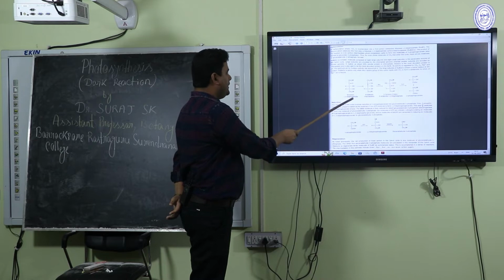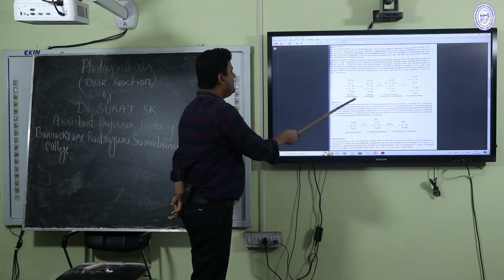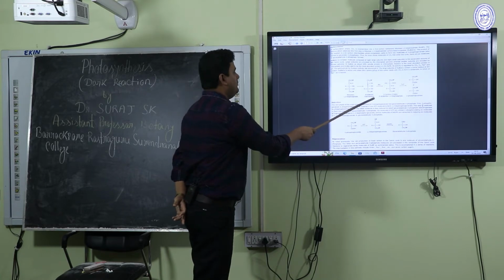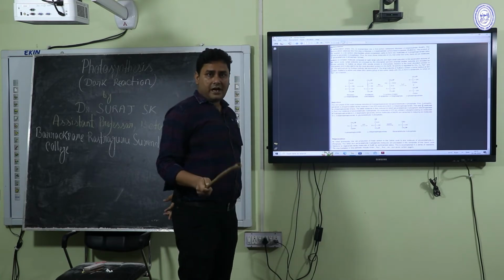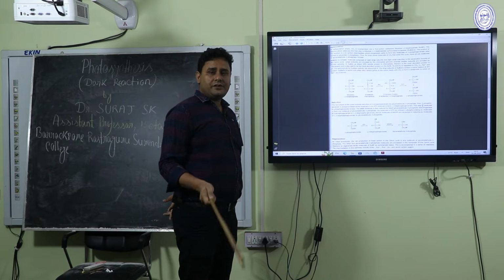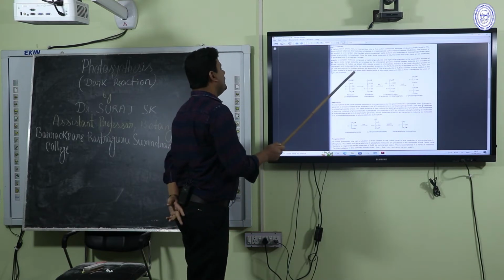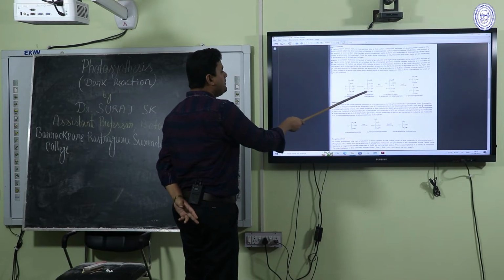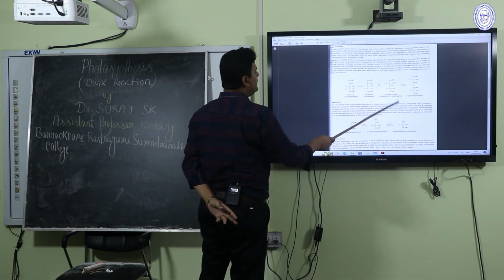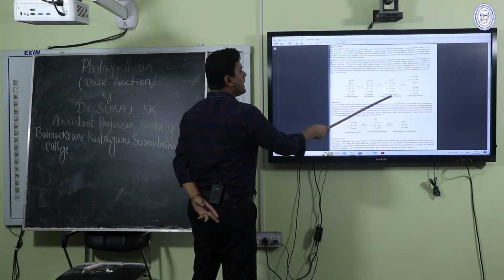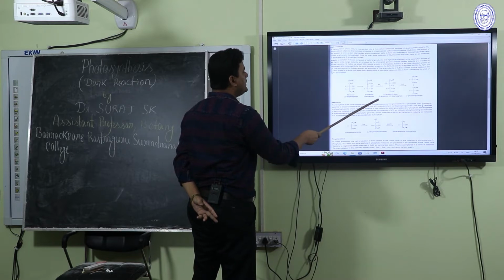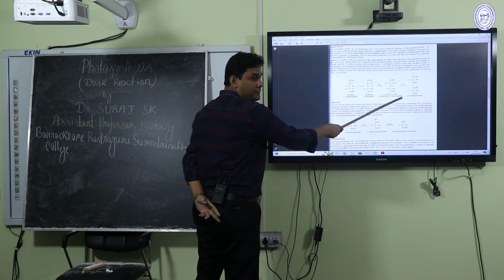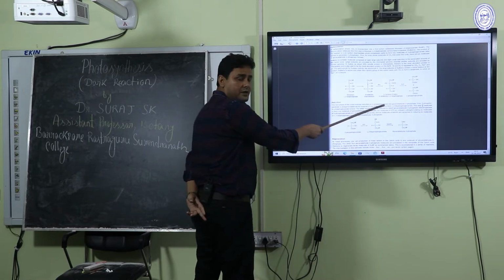Ribulose 1,5-bisphosphate first will be converted into an intermediate by the enzyme Rubisco carboxylase, and this will immediately convert into 2-carboxy-3-keto-D-arabinol 1,5-bisphosphate, and this is also unstable.